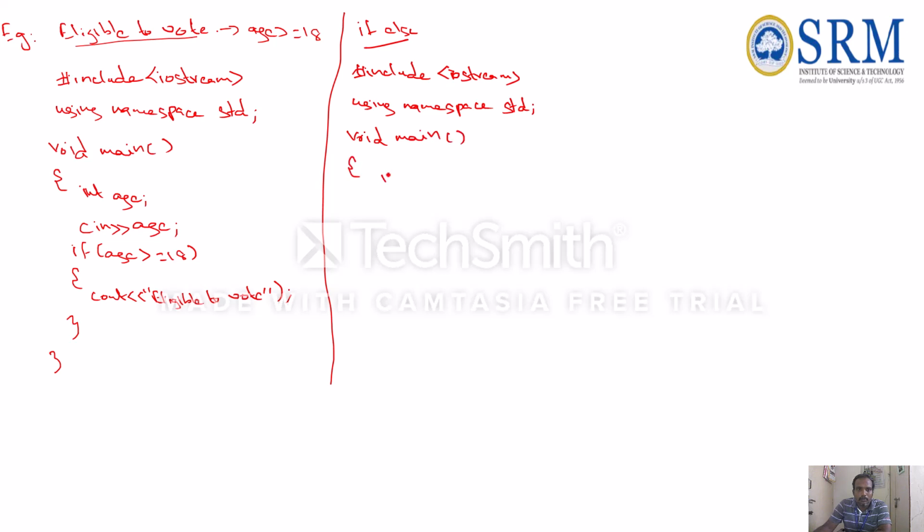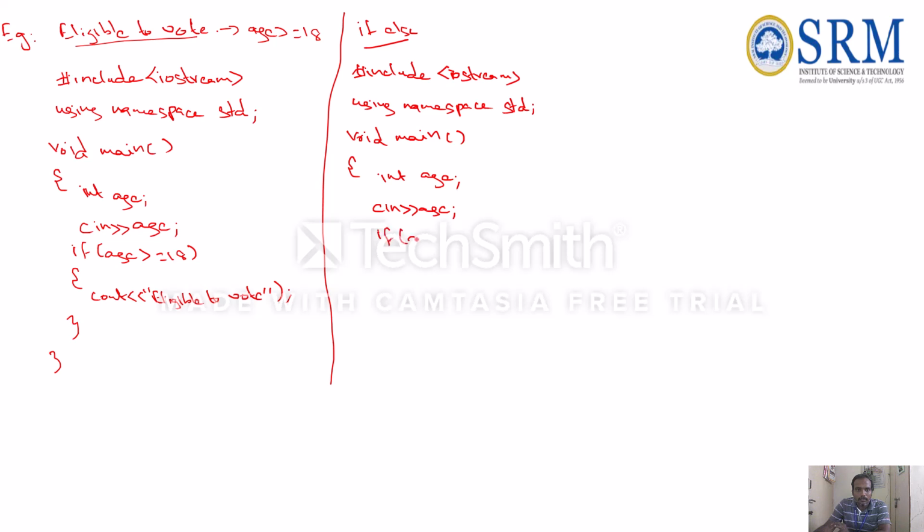The same problem I am going to take. In this, if the person is eligible to vote, the program has to print eligible. Then if the person is not eligible, it can also handle that. The same problem, we are getting the input through cin.